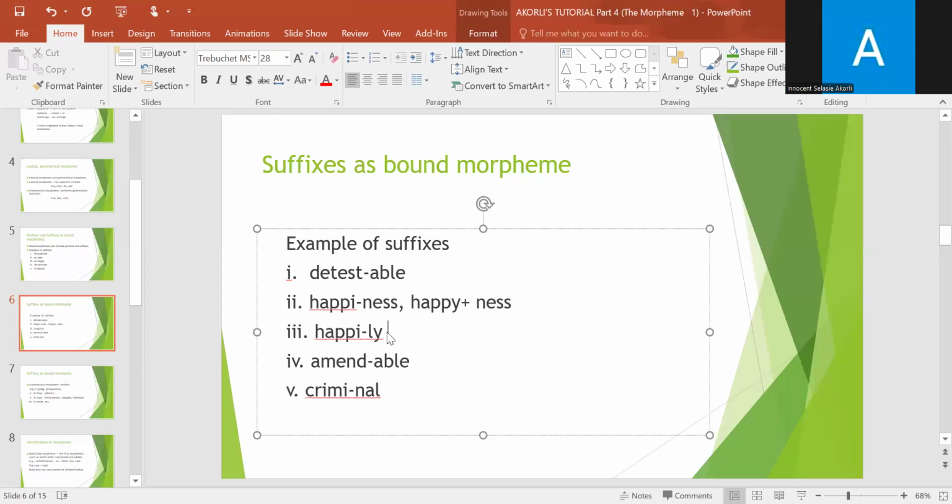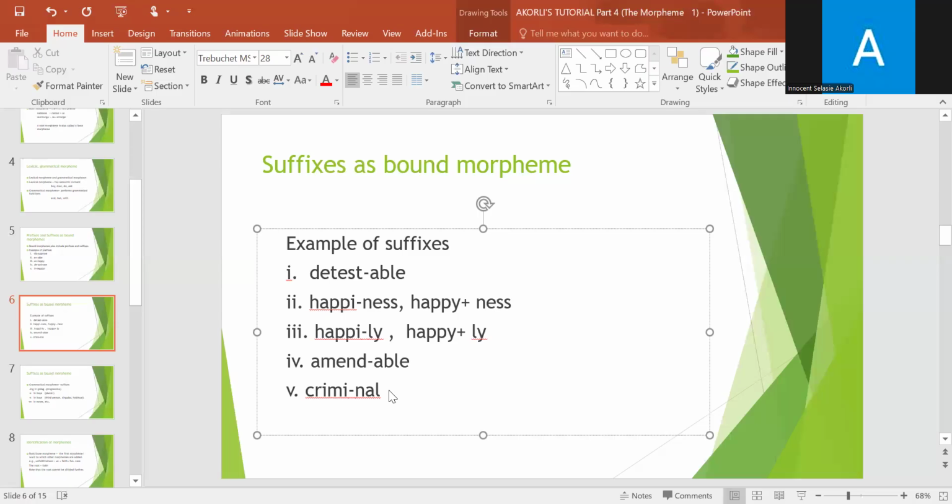Happily, you would have happy plus ly. And it also means that if you're asked to break down the word happily, you must have happy plus ly, which is the root plus ly.